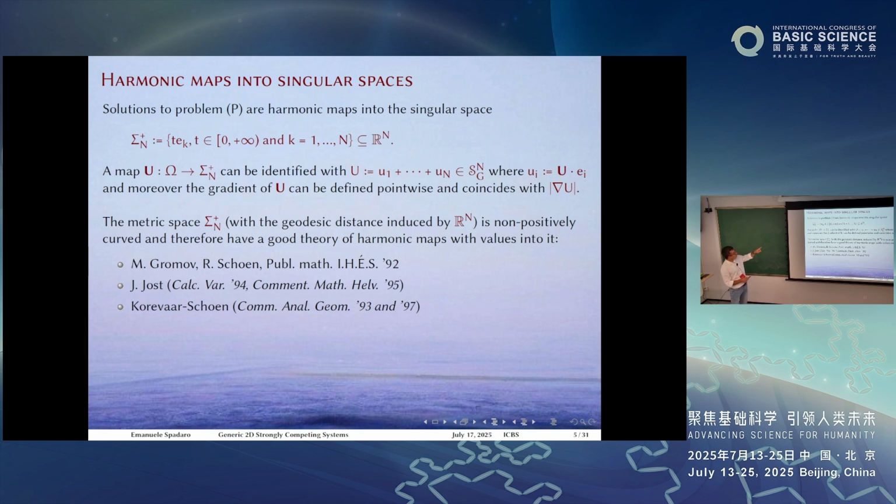So the domain is Omega in R^2 in our context, or can be an open set in R^n. But the space where the maps take values is a singular space, which is the union of the semi-axes in R^n.